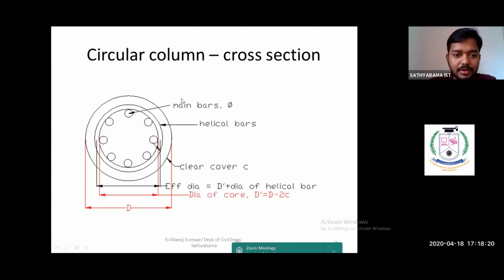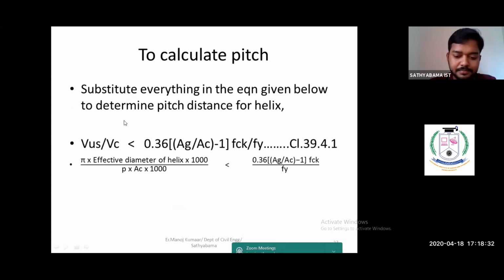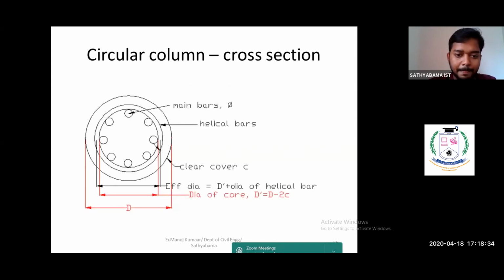And this is the cross section of a circular column. Capital D is the actual diameter of the column, and it is provided with 8 numbers of main bars. And it is provided with a helical bar.